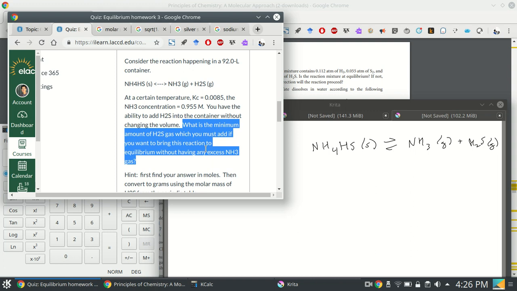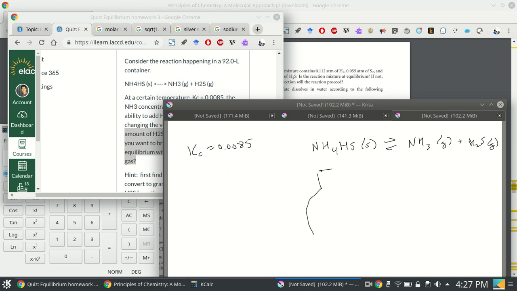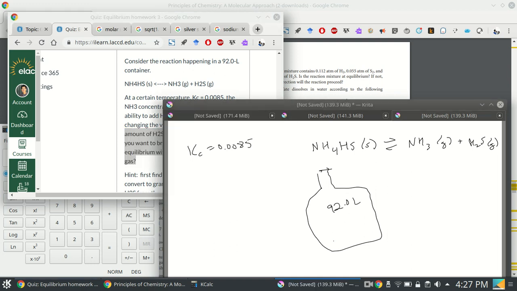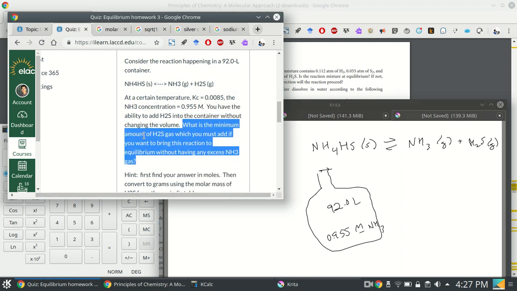What do I mean by that? Here's what I mean. This is a 92-liter container. In my 92-liter container, I have 0.955 molar NH3, and there is no H2S.